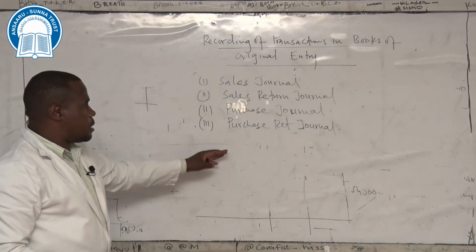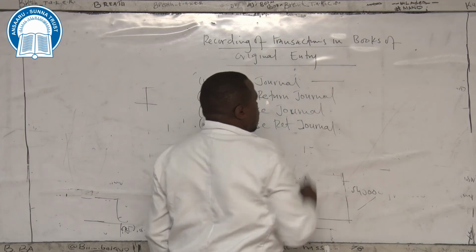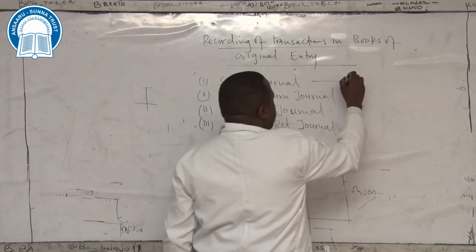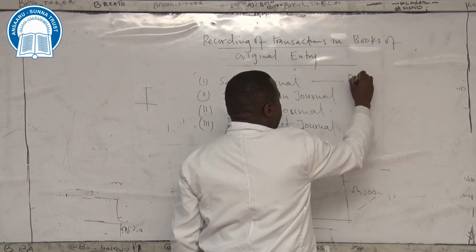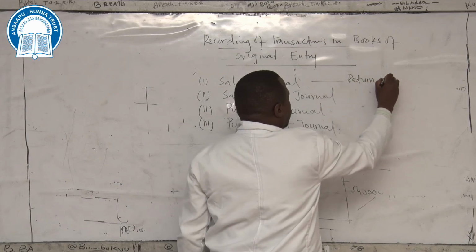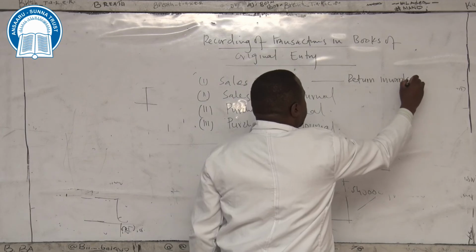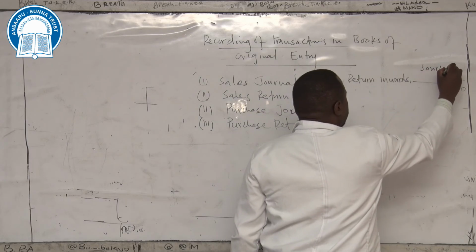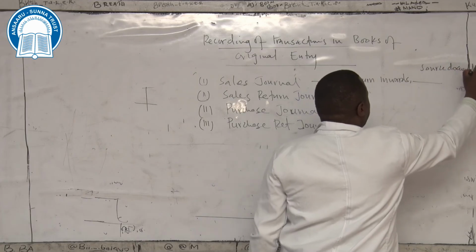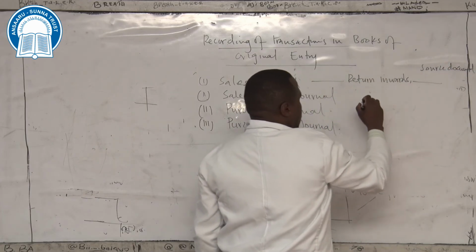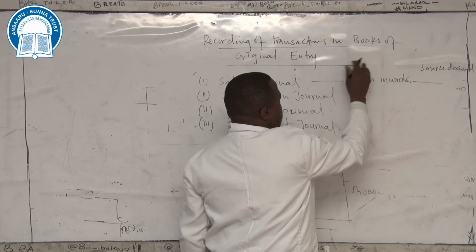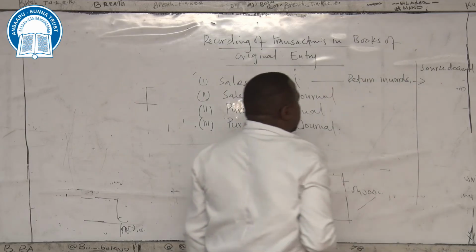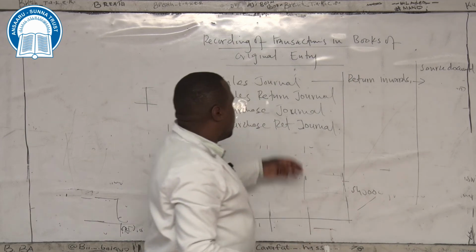Remember, you should note this with their source document. This is for recording goods that are returned inwards. This is used to record return inwards or goods returned. And what about the source document? So you should know the source document here.